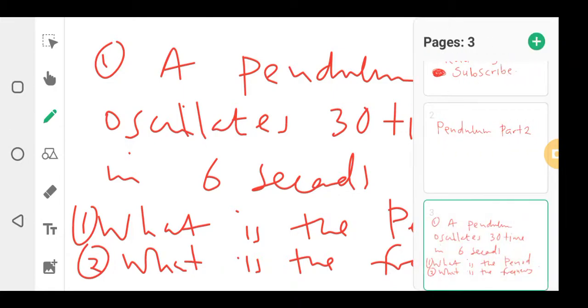So how do you solve this? The first thing you do is, they said calculate the period.